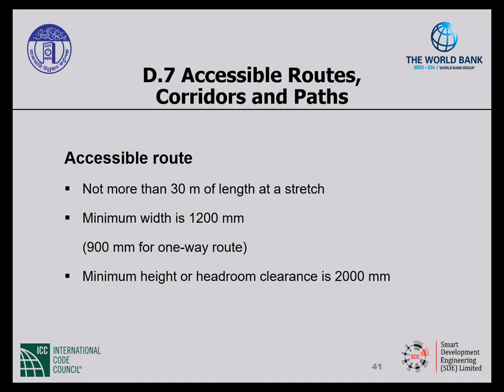Like I mentioned earlier, somebody with a heart condition or somebody with a breathing condition. The route should be a minimum 1,200 millimeters wide. However, if there's one-way travel on this route, you can reduce it to 900 millimeters. And be sure to provide headroom clearance of 2,000 millimeters.